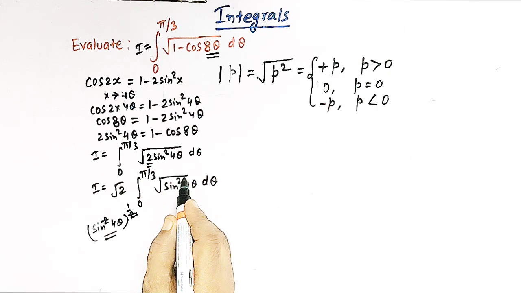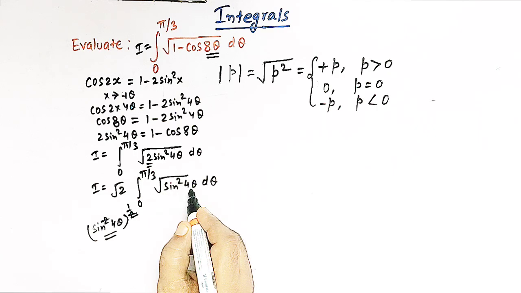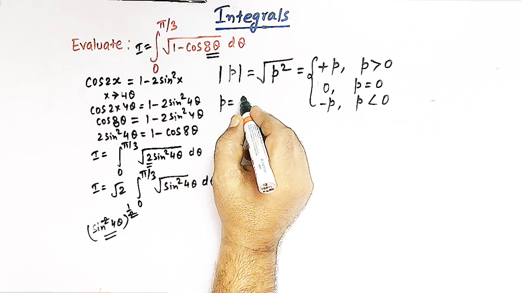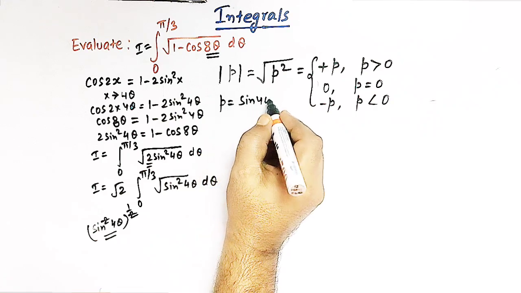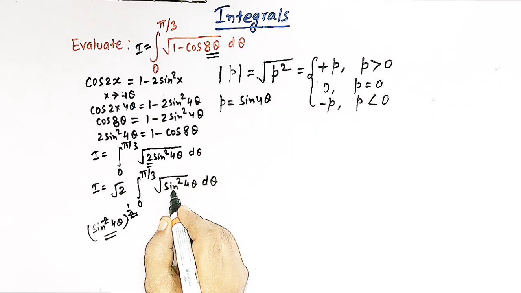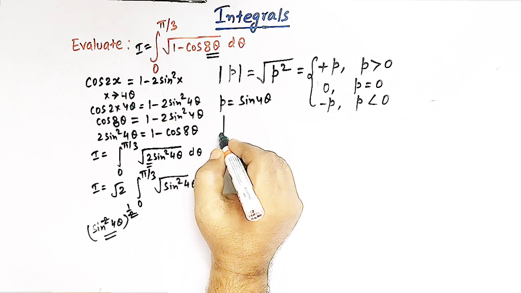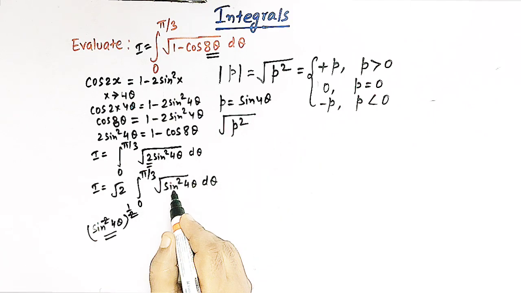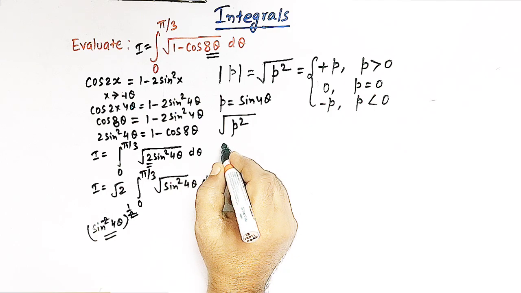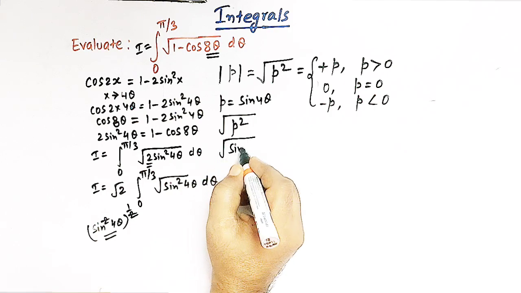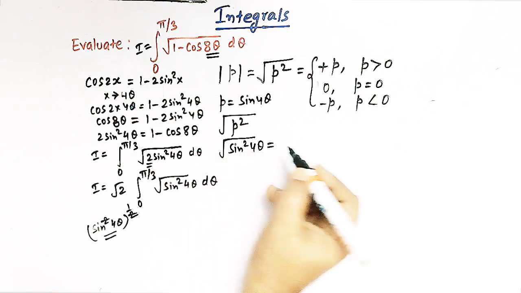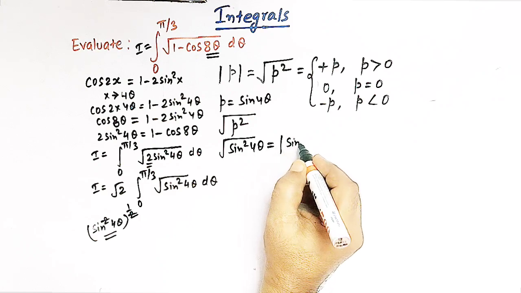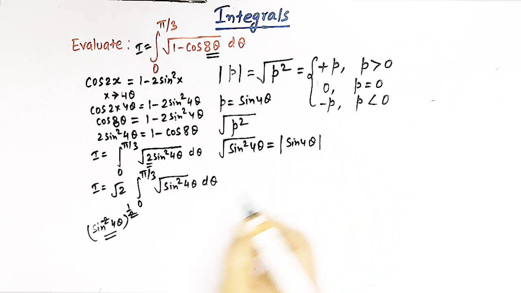Now here we have square root of sine square 4 theta. So let us assume p is equal to sine 4 theta. So here we have square root of p square, because here we have sine square 4 theta. So square root of sine square 4 theta can be written as the absolute value of sine 4 theta.